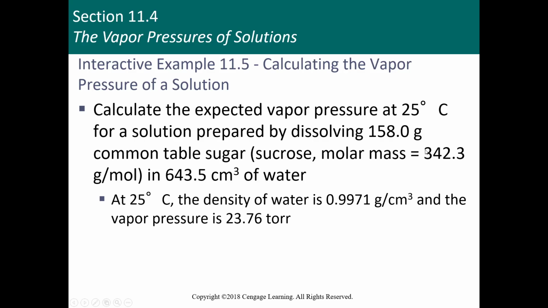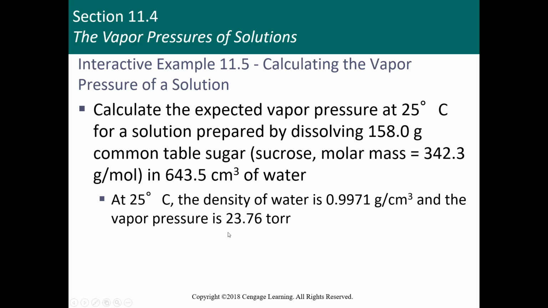So we need to get chi. Here we have our moles. We're also going to have to use the water to figure out moles as well, so we can get chi, right? And so, well, we have a volume of water. Here we have a density. Density can get us mass. Water is H2O, and so we can also get molar mass for water, which can give us moles, right?